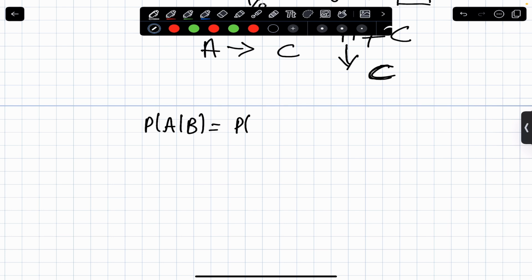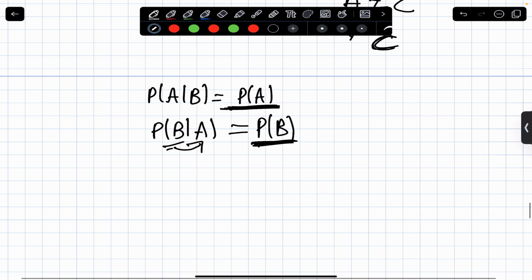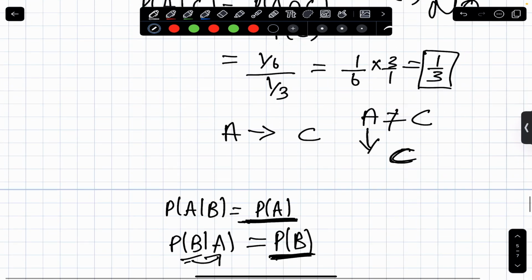Okay, got it? Now, we could say this by saying that if the probability of A given that B equals the probability of A, it doesn't change. It is the same. And the probability of B given that A has already occurred is the same. Because if A has already occurred and the probability of B gets changed, then it is dependent. But if it is the same, this is independent. This is not affected by that.